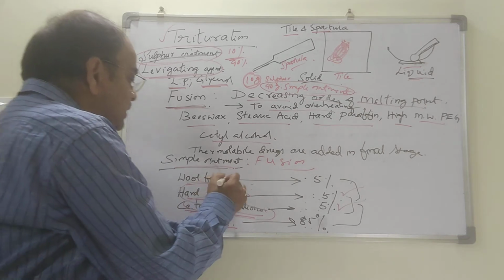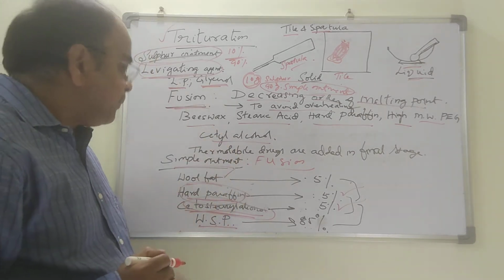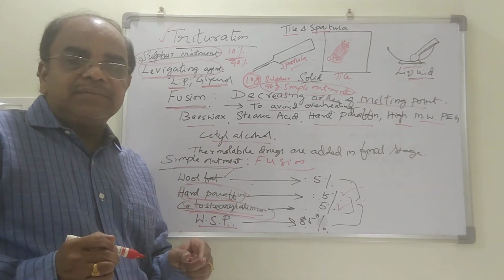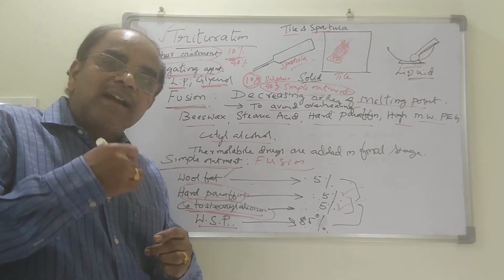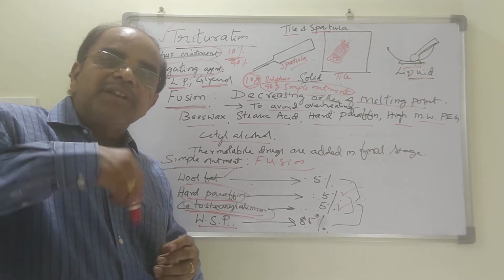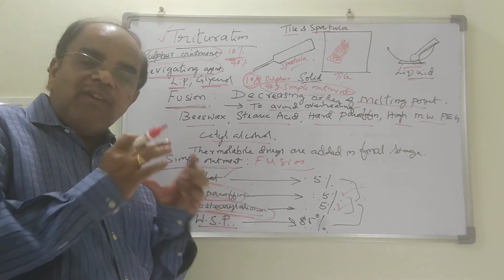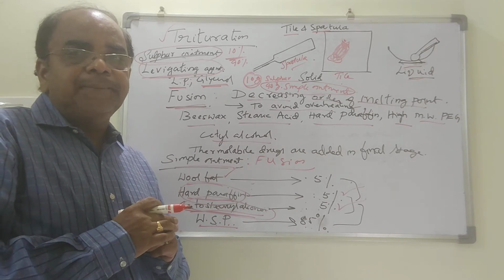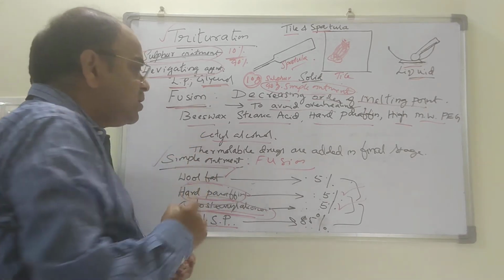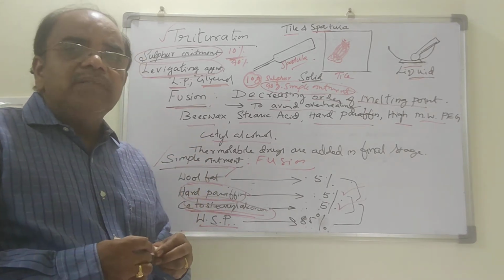Now add the remaining wool fat and white soft paraffin. Again, start the melting process with continuous mixing. Once it is cooled, it is the simple ointment. Right? That is the preparation of simple ointment by the fusion technique.